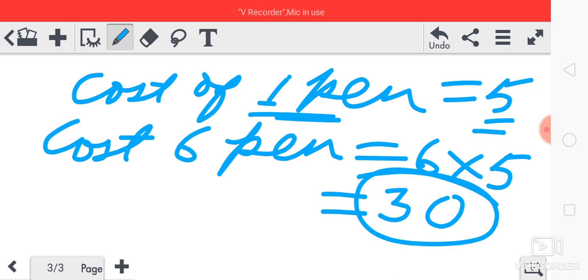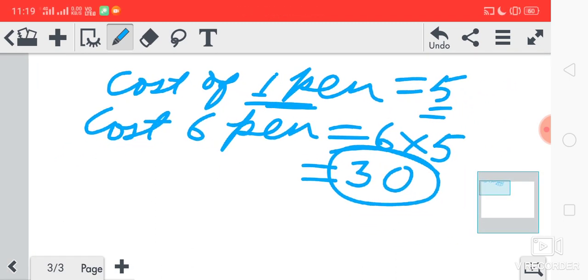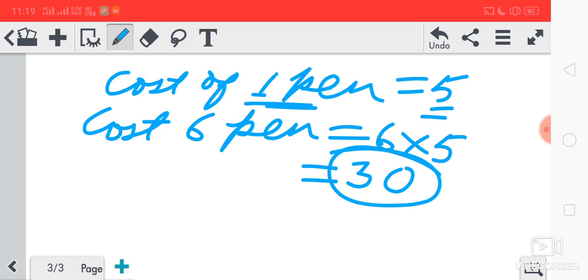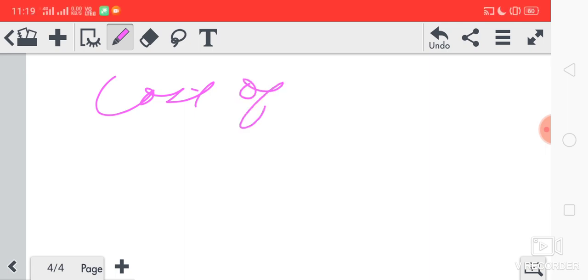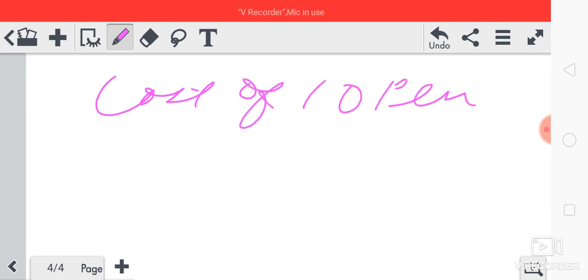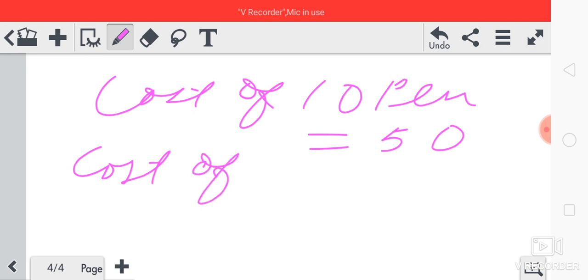So in this case, whenever it is asking for, suppose cost of 10 pens is given as 50 rupees. And now they are asking the cost of 4 pens.